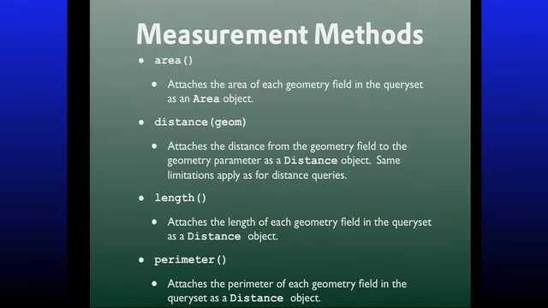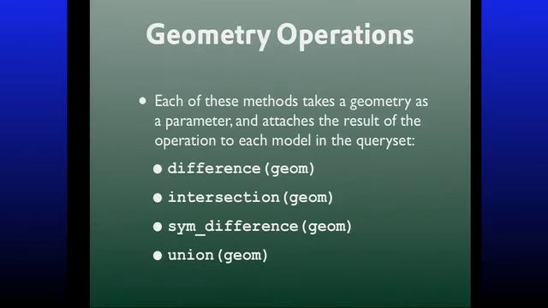And distance is probably one of the most used out of these measurement methods. It'll attach the distance object from the field on the model to whatever geometry parameter you passed in. And the same limitations apply here as they do in the other distance queries. So length attaches the length of each geometry, and perimeter is also another distance object attached.